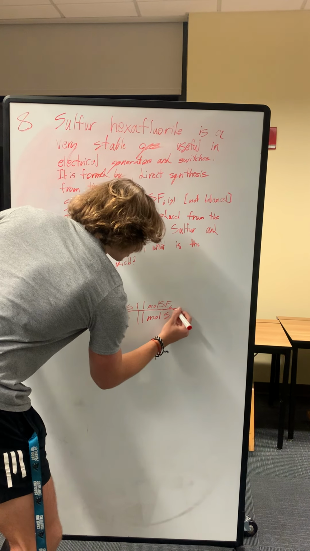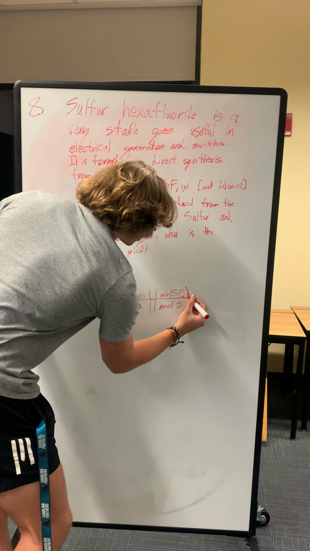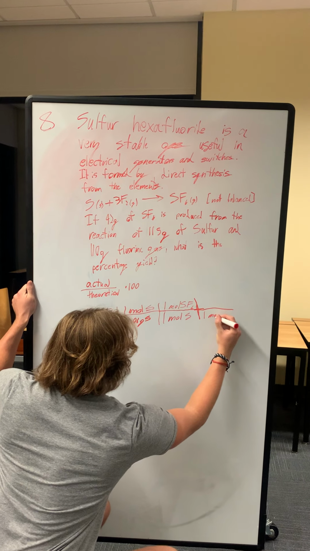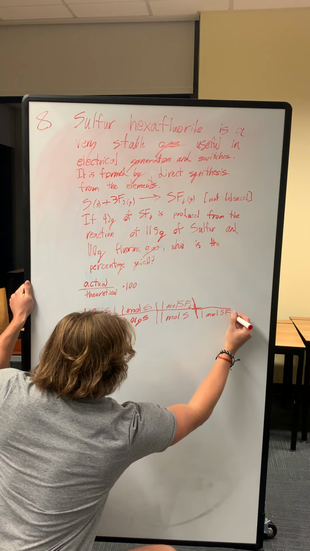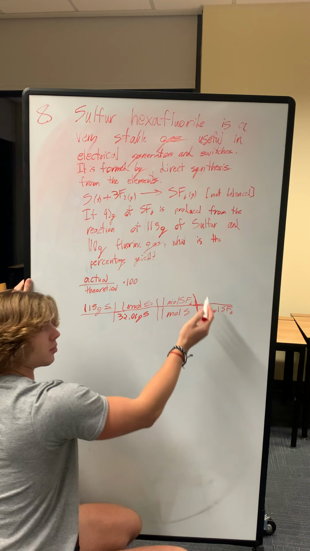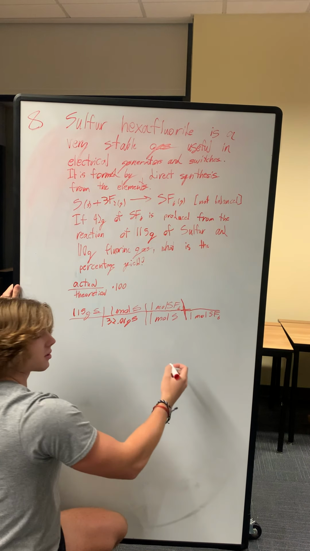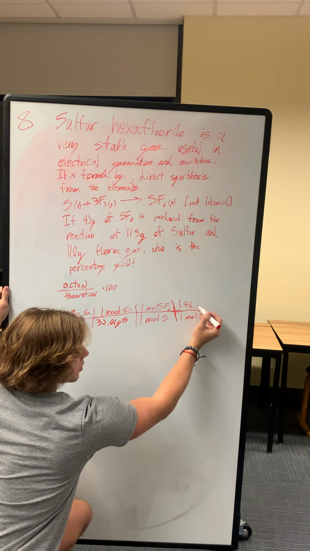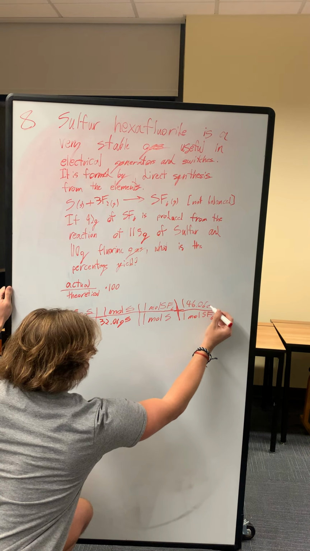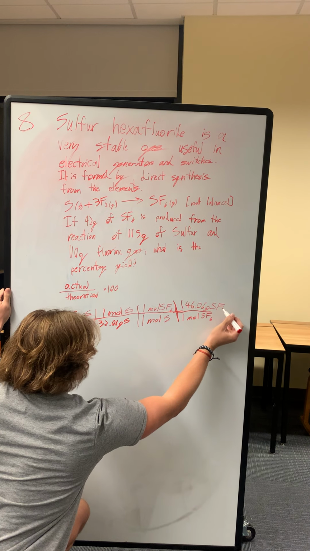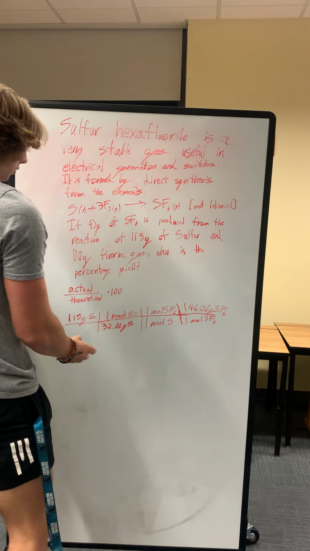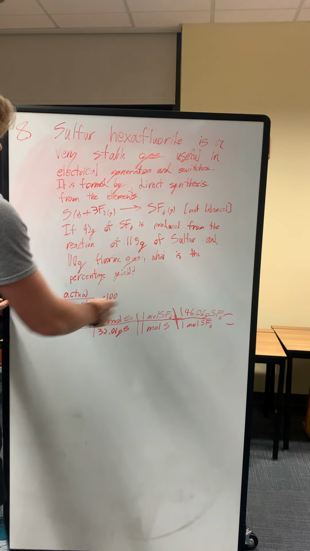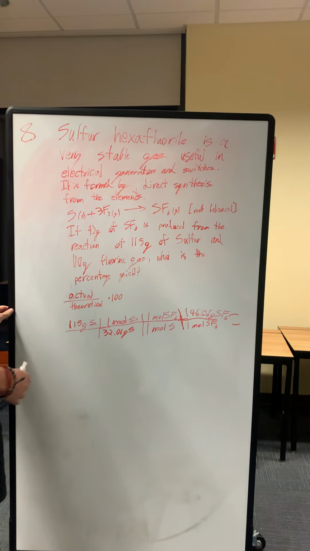So once I get that, I'm going to extend this more. I'm going to go 1 mole of SF6, and I'm going to use the molar mass of SF6, so it'll be 146.06 grams of SF6. And so you're going to calculate this whole thing. You're going to enter all this into your calculator.